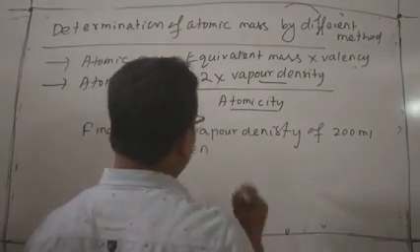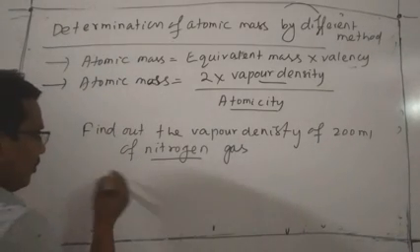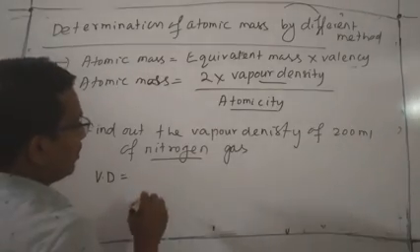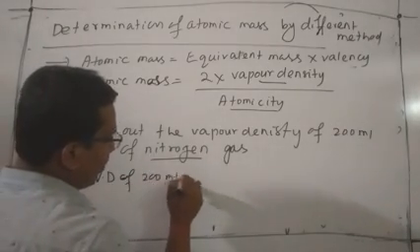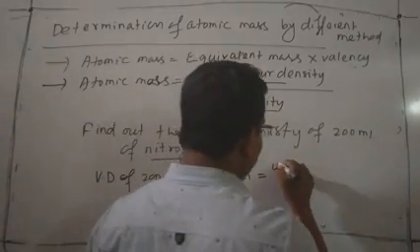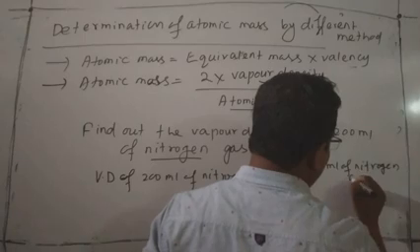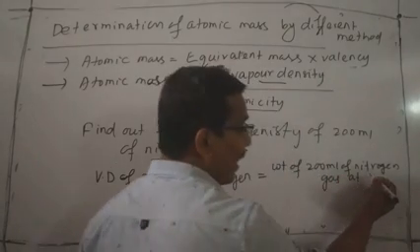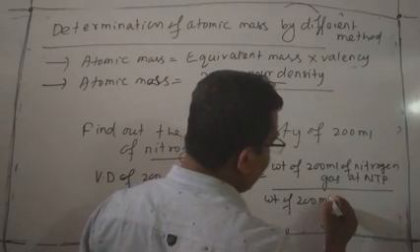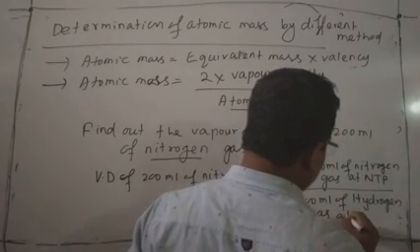How can you find it? We know that the vapor density (VD) of 200 ml of nitrogen gas is equal to the weight of 200 ml of nitrogen gas at NTP divided by the weight of 200 ml of hydrogen gas at NTP. This is the formula.